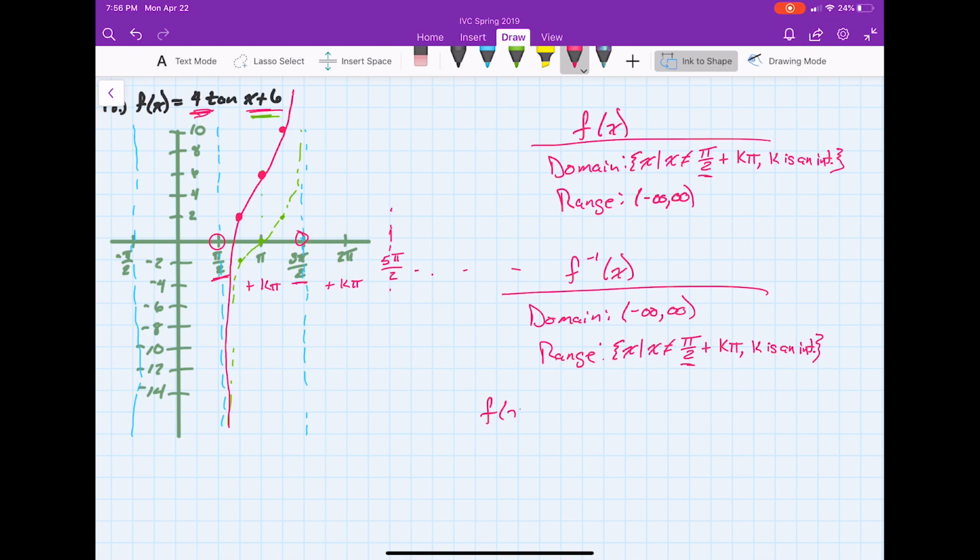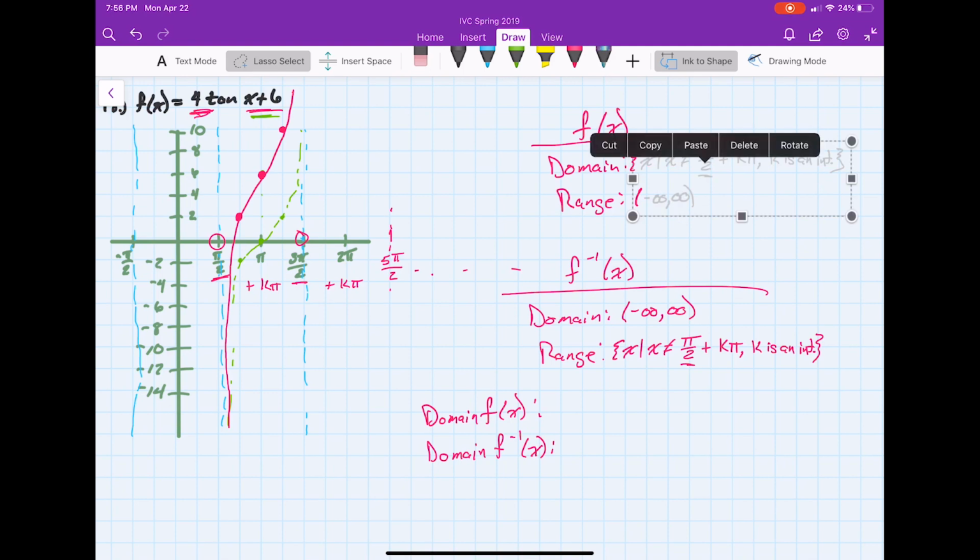But again, the question is only asking for the domain of each. So the domain of f of x and the domain of f inverse of x. And I'm again going to be lazy. I'm just going to copy and paste this whole thing.